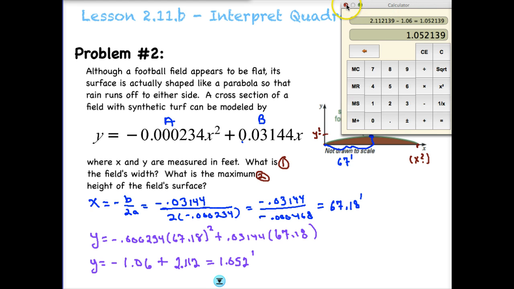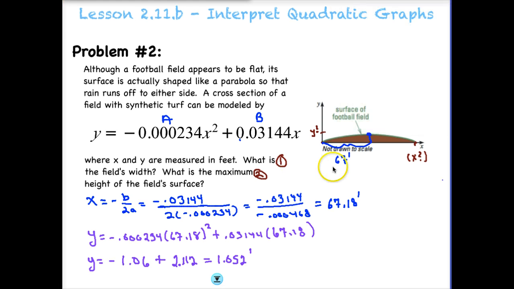So what we know then is that this height here is 1.052. So our vertex, we write that out, is 67, that's our x value, comma 1.05, and we'll just round to the hundredths place.